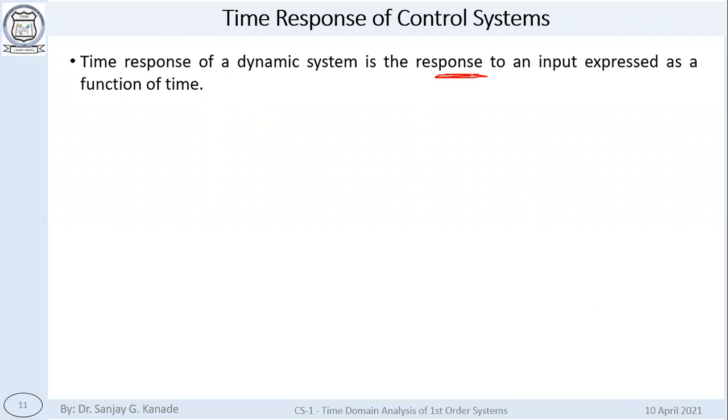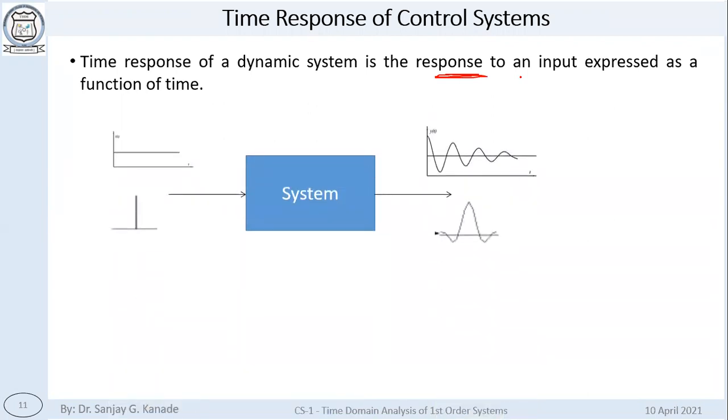This is a natural word. If I say something, you will respond to me. That is called response. I'm giving some input, you will provide some output. We will give some input to a system, the system will provide some output. So this is nothing but called response. The response we are analyzing as a function of time, in time domain analysis.